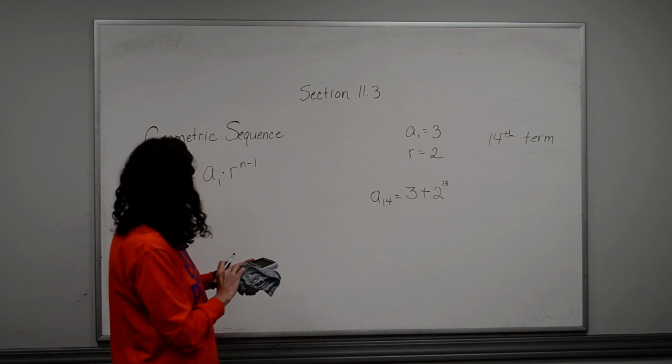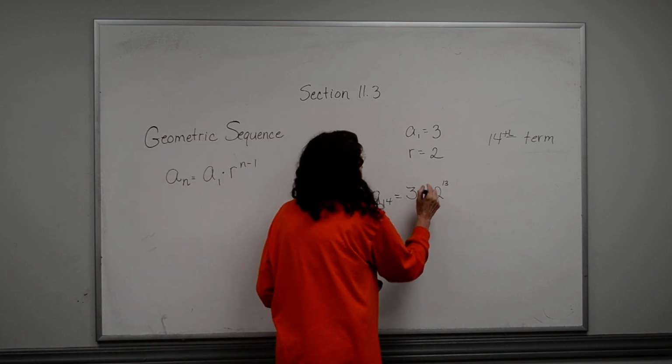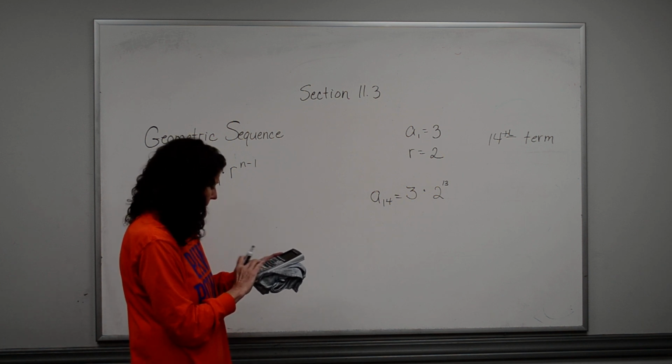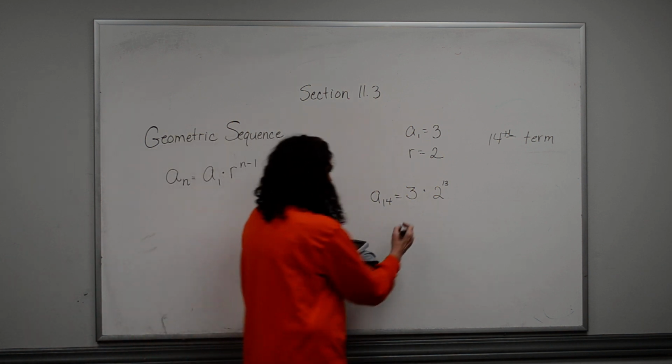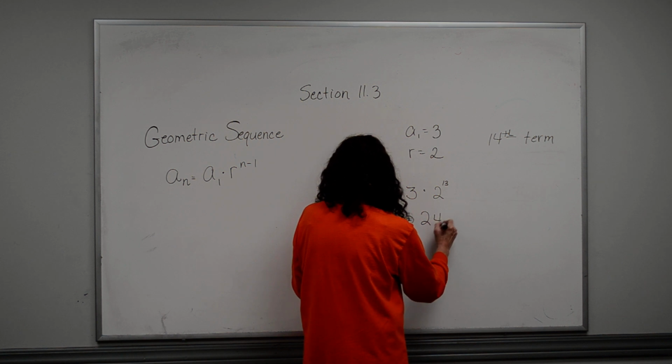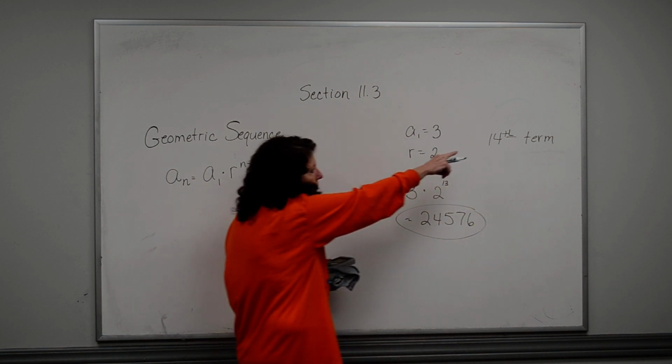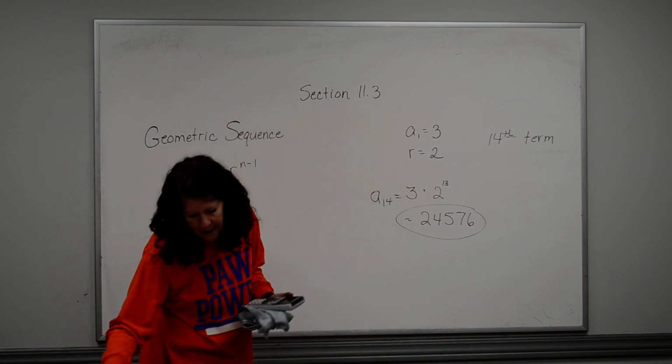Whoops, it's not add, it's times. 3 times 2 raised to the 13th power is going to give me 24,576. And that's going to be the 14th term in that sequence.